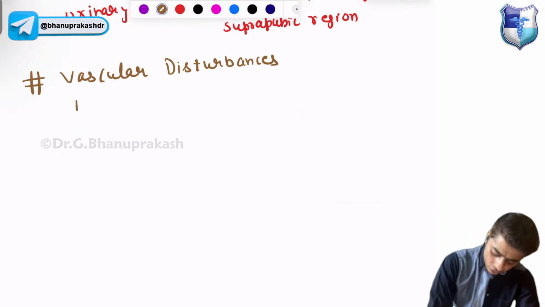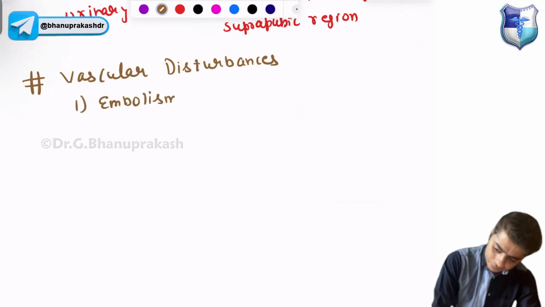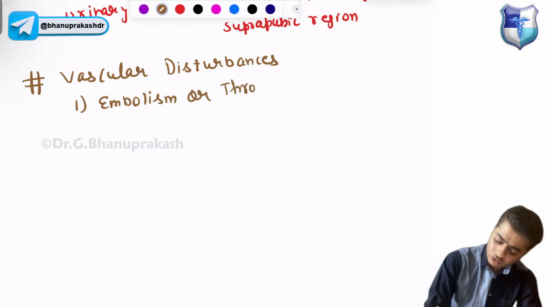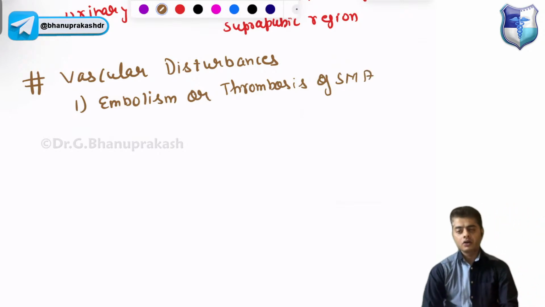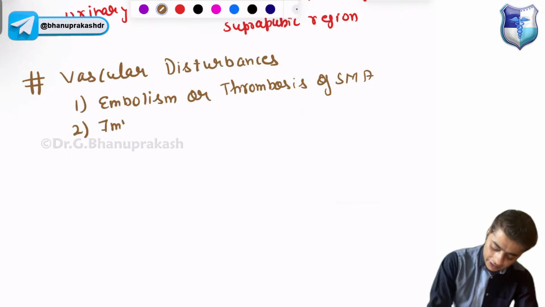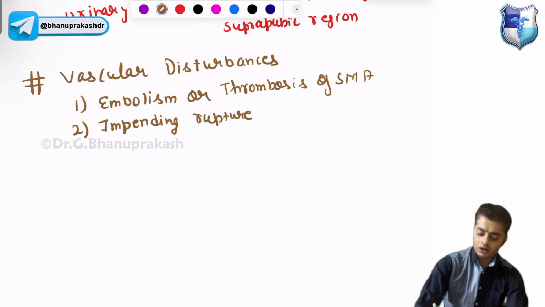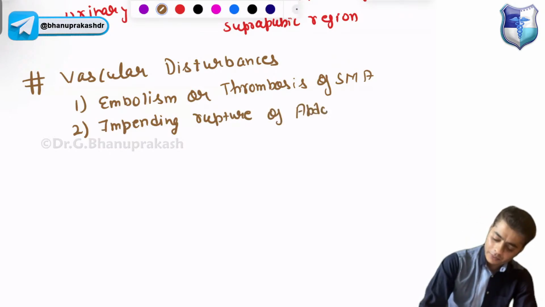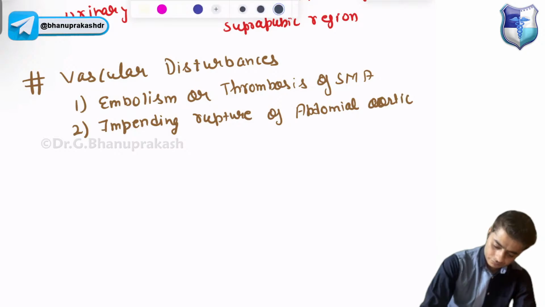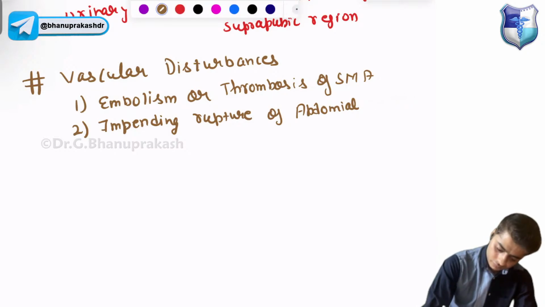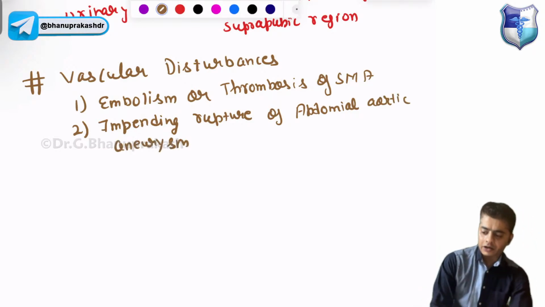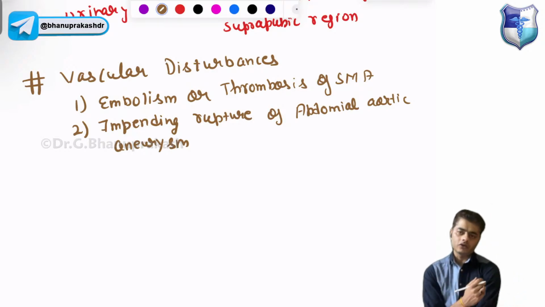So vascular disturbances are due to embolism or thrombosis of the superior mesenteric artery, or due to impending rupture of an abdominal aortic aneurysm. These are the two most common causes of vascular pain.